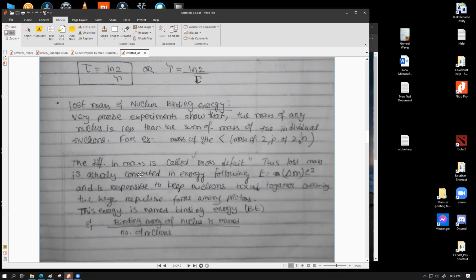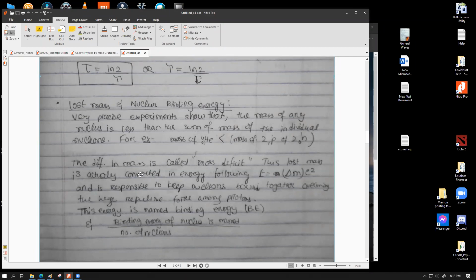Interestingly, this mass actually does exist in the nucleus, but not in mass form. It converts itself into energy form, and this is the energy that mathematically is the required energy to combine those particles into a single structure.